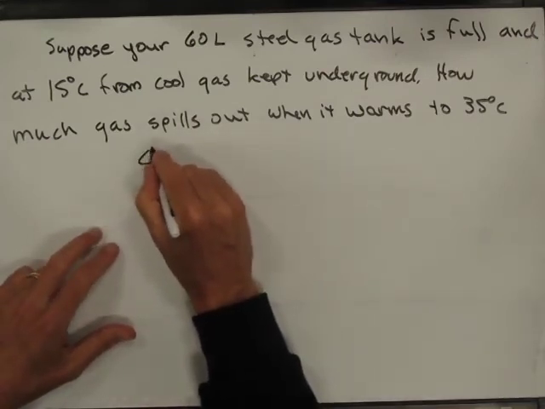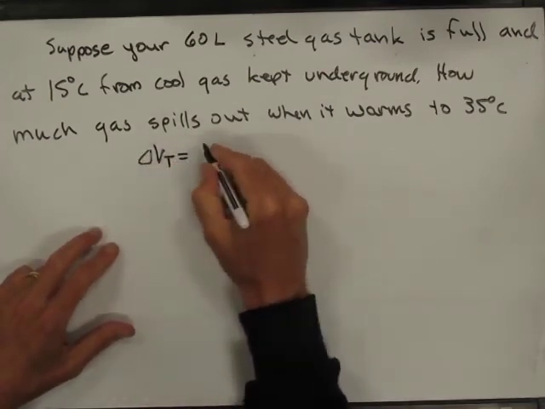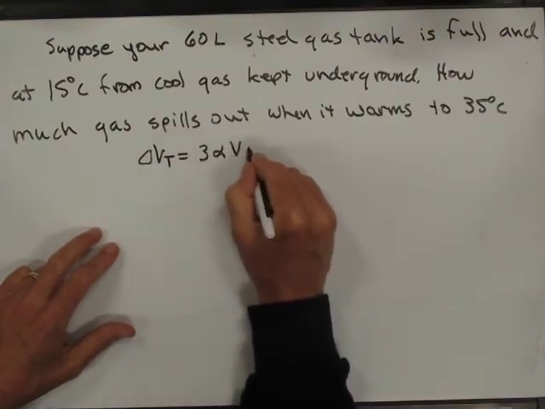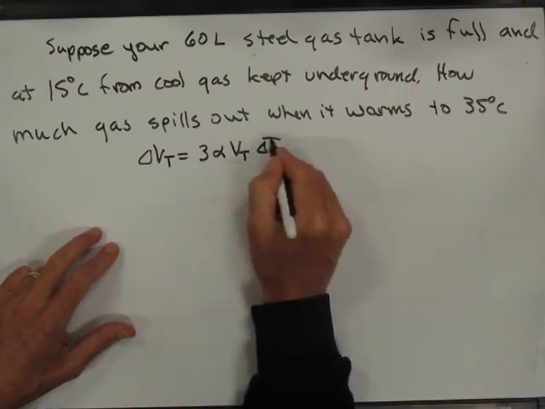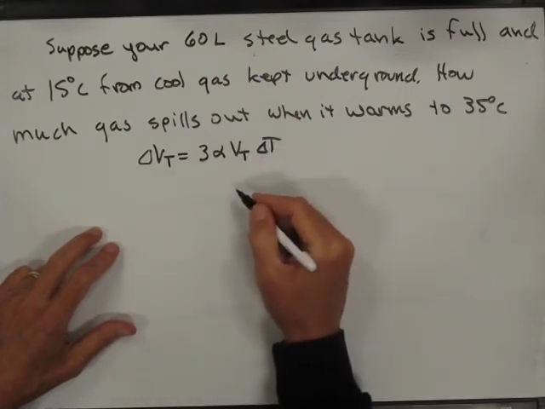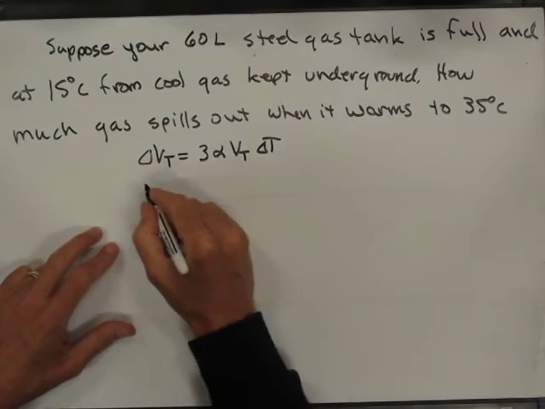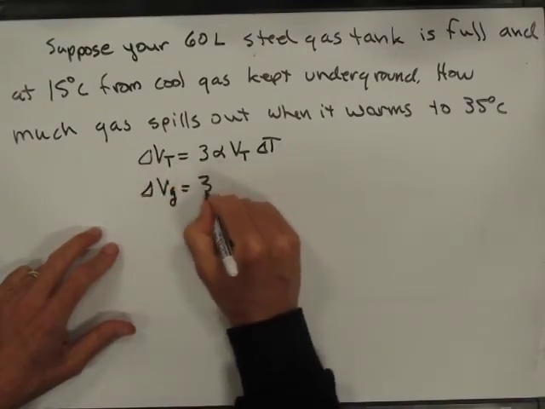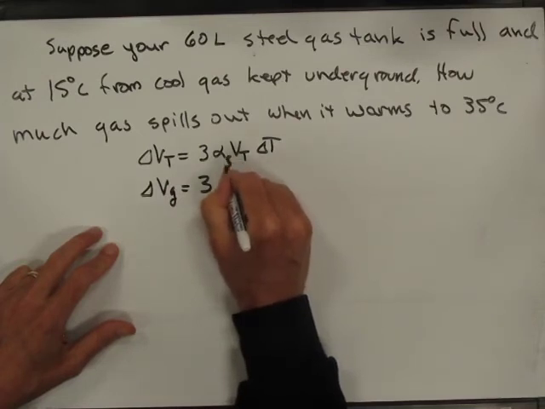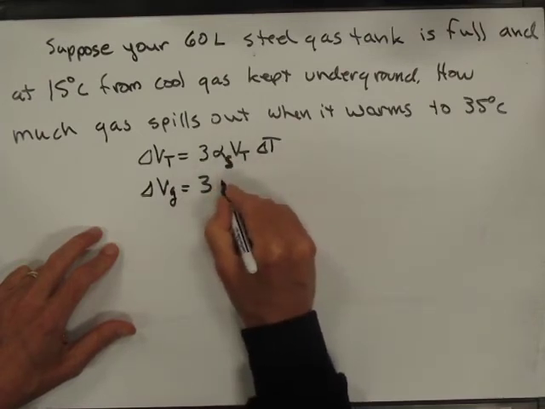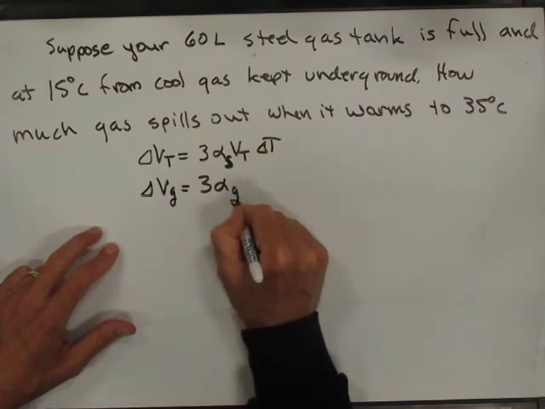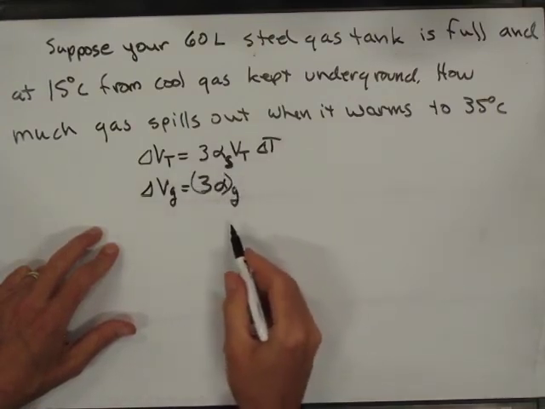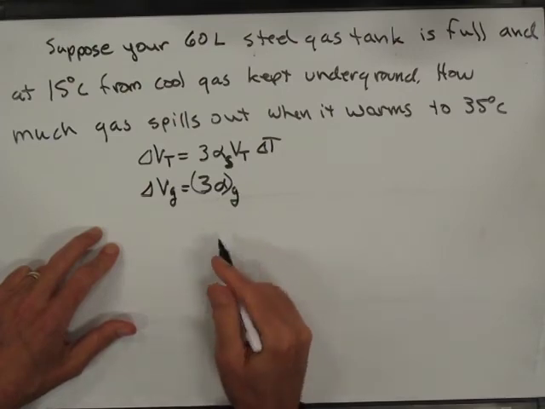We can say delta V for the tank is equal to 3 alpha V tank delta T. Similarly, delta V for gas is equal to 3 alpha gas V gas delta T. Since it's steel, I'll call that alpha S. The 3 alpha gas is the number that I put in the table a minute ago.